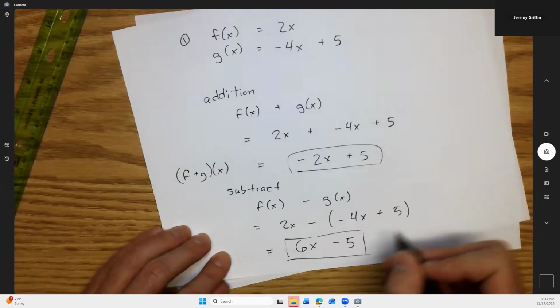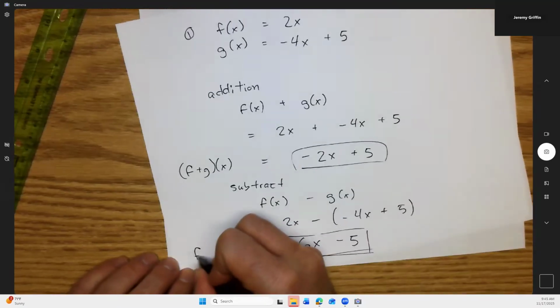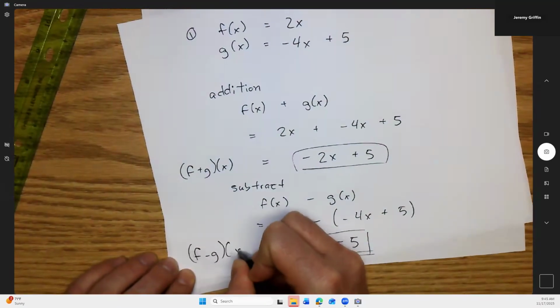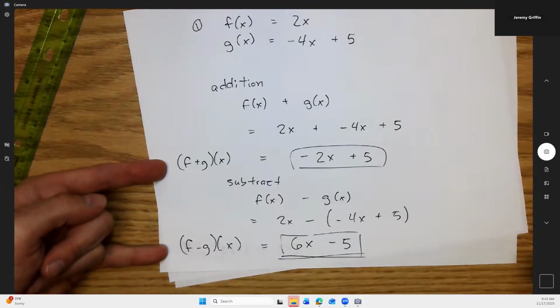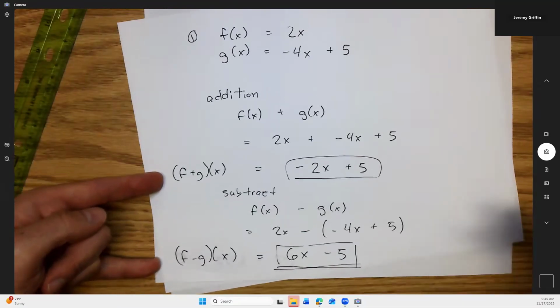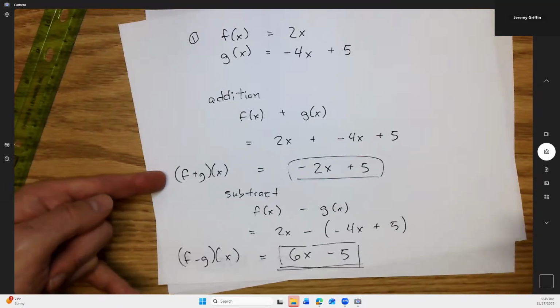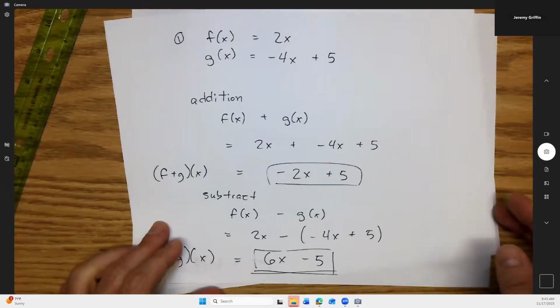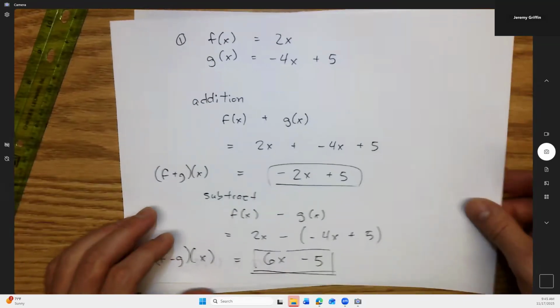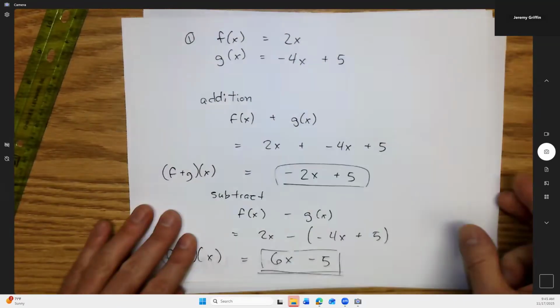A notation you might see for that might be f minus g of x. Keep in mind this notation on the left side is not multiplication, it's function notation. So it's f plus g of x or f minus g of x, same thing as f of x minus g of x. So that's addition and subtraction, you can very simply combine like terms. That's not bad.